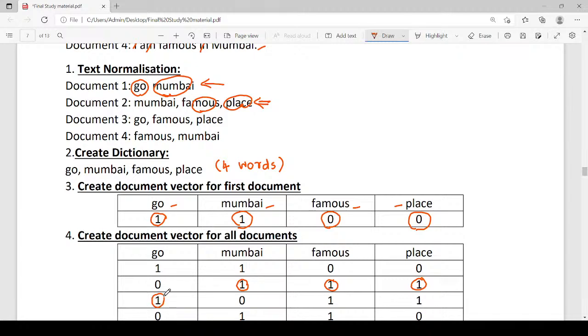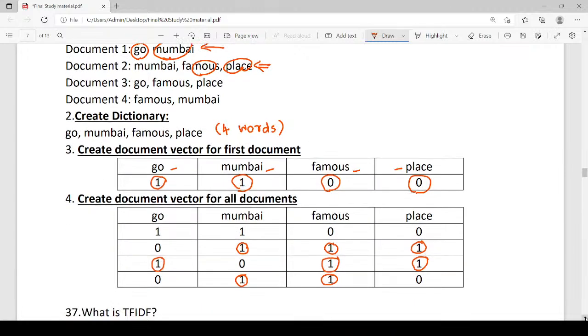So I am writing 1 for each of these words. And in the last document, I find only famous and Mumbai. So I write 1 for these 2 words. So now we have successfully created a document vector for all the documents. So this could be another possible 4-mark question.